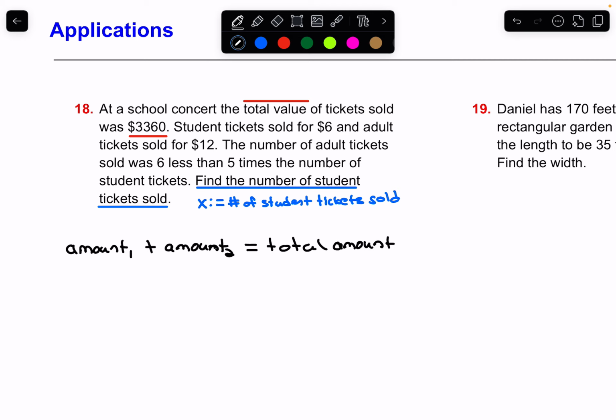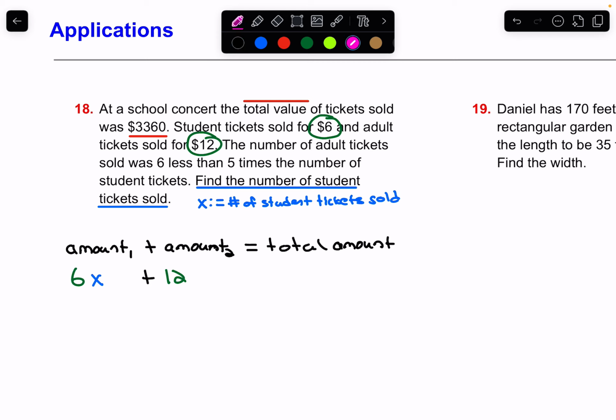We would take $6, which is the cost of 1 student ticket, and multiply it by however many student tickets we sold. So we would do 6 multiplied by x, because x is the amount of student tickets we sold. Then we would add to it the cost of an adult ticket, which is 12, and we would multiply by the number of adult tickets sold.